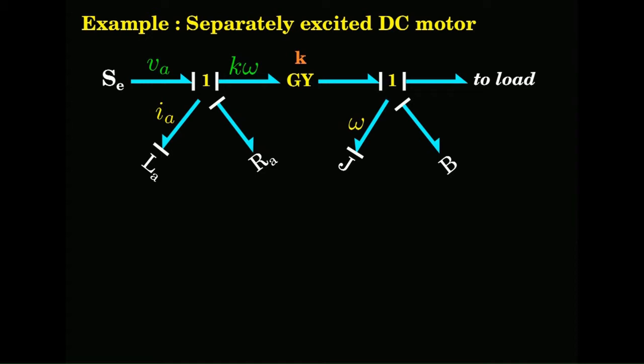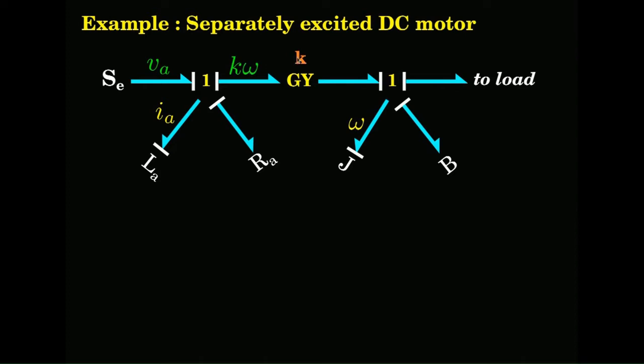Just write the minimal number of variables, just even this you should not write later on as you go along, but for now for explanation we need it. So, here this bond has a flow and that flow is omega because of this one junction. Now, this omega reflects onto this side as k omega.